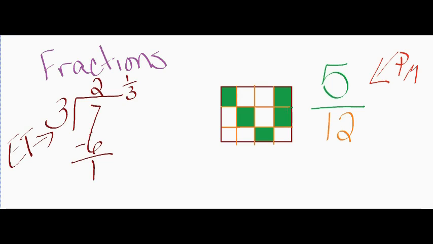But vulgar fraction is just what you normally think of as fractions, where you have the number and then a line and then another number underneath. So these are both our nice vulgar fractions or common fractions, and the one over here with the 7 divided by 3 can also be written as 7 over 3, and we'll keep that around for just a second.